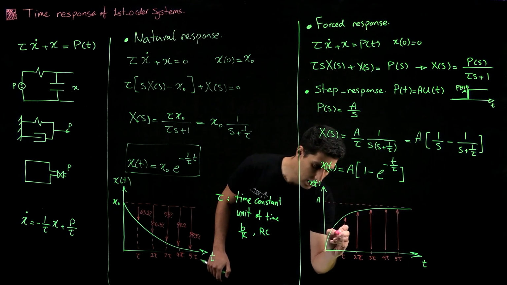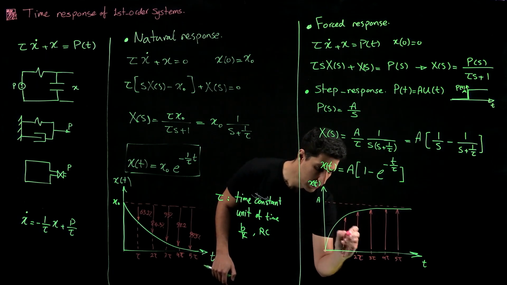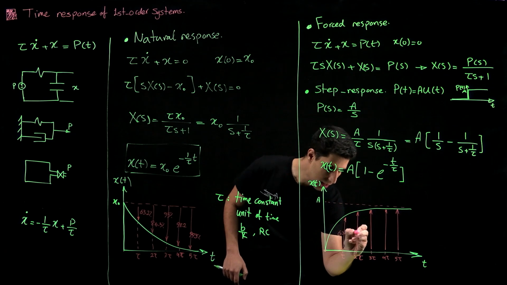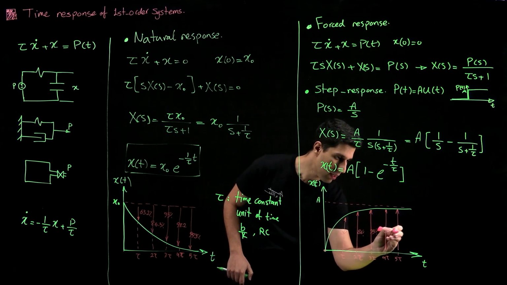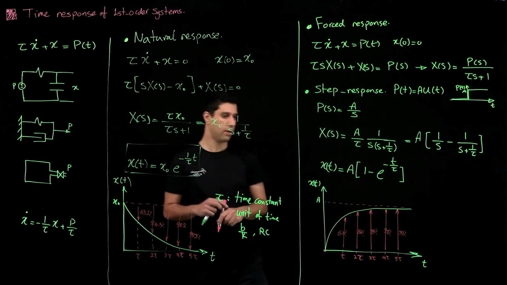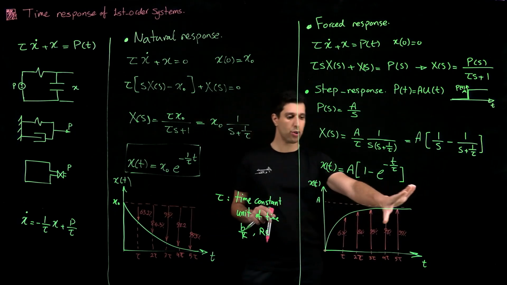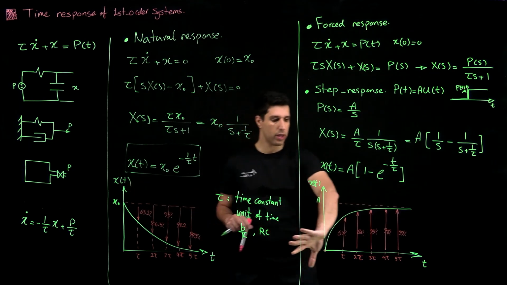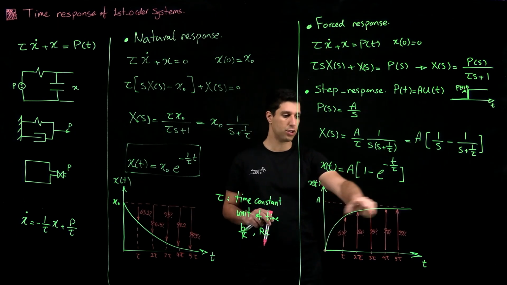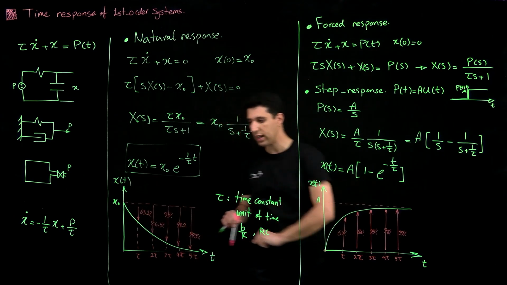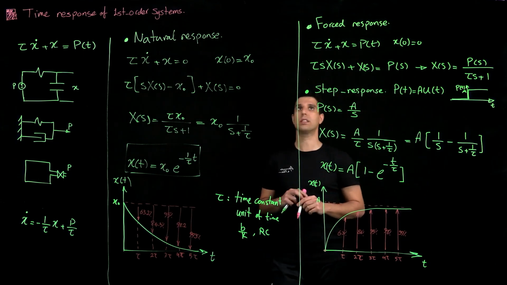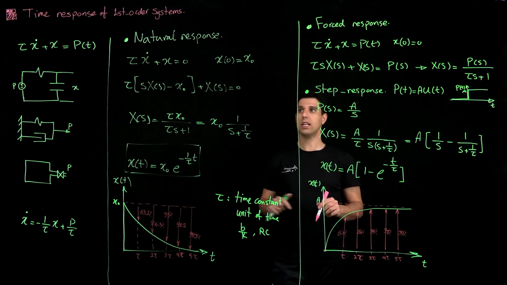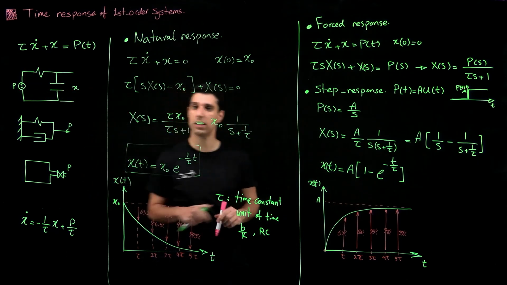So I'll rise 63% to the maximum value, then 86%, 95, 98, and 99. So this exponential convergence to a constant value and exponential decay to zero are the characteristic behavior of first order systems that have a time constant tau.